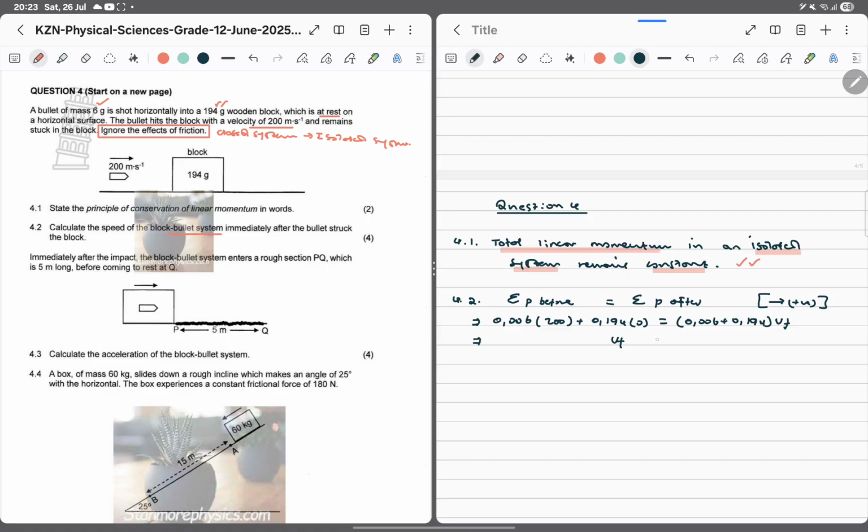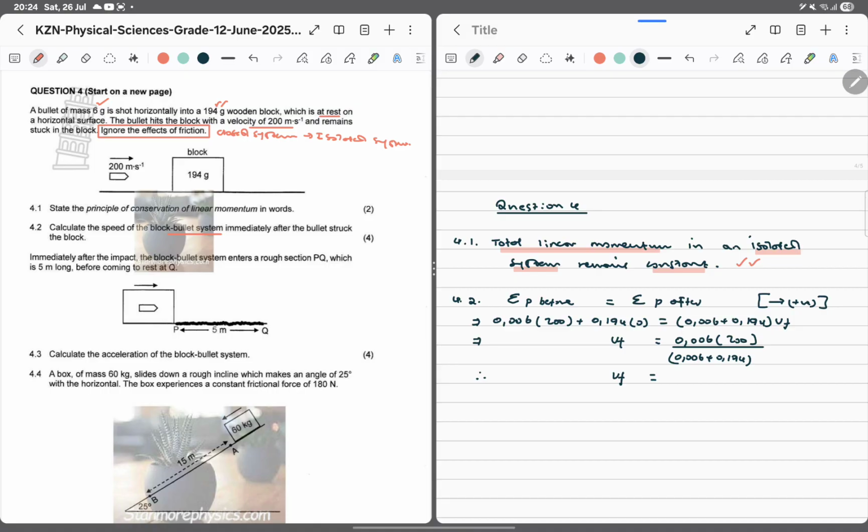So this implies that the final velocity of these two is going to be basically 0,006 into 200, divided by 0,006 plus 0,194. Therefore, the final velocity there is 0,006 into 200 divided by the sum of 0,006 plus 0,194.